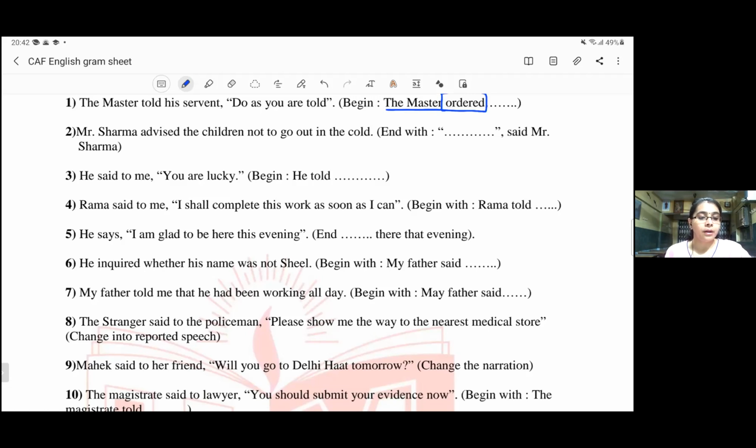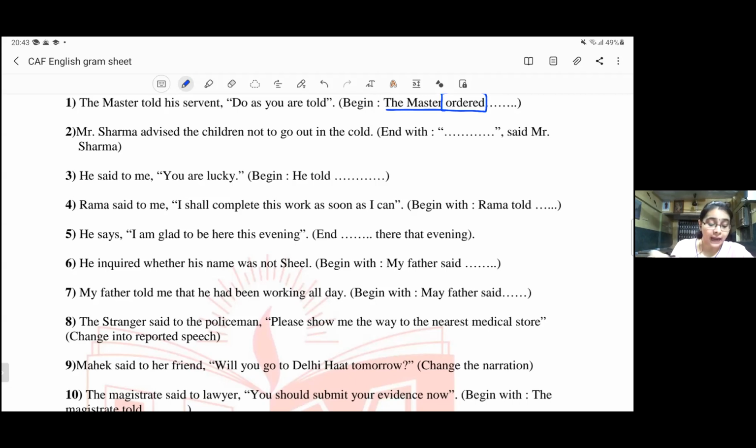Fourth one, Rama said to me, I shall complete this work as soon as I can. Begin with Rama told. Rama told me that, and this is very important.